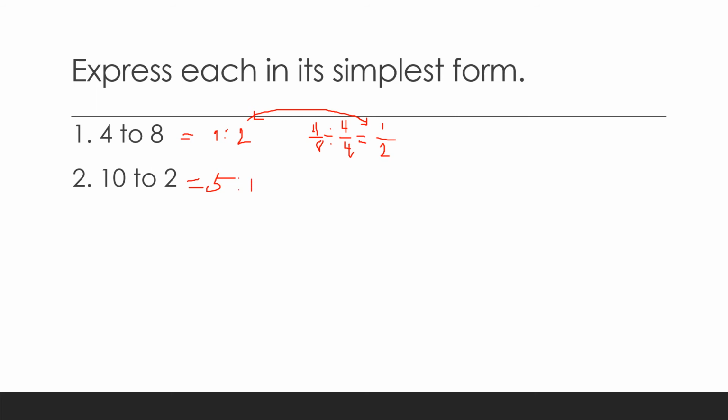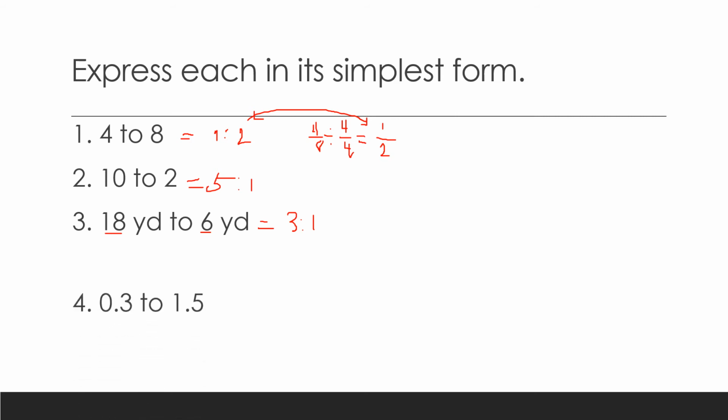Again, divide: 10 divided by 2 is 5, and 2 divided by 2 is 1. Okay? Next, 18 yards to 6 yards. The GCF is 6. So we can write that as 3 is to 1, because 18 divided by 6 is 3 and 6 divided by 6 is 1.